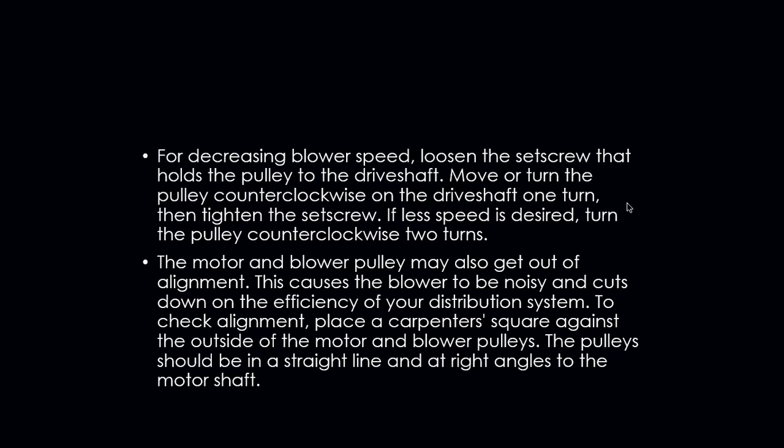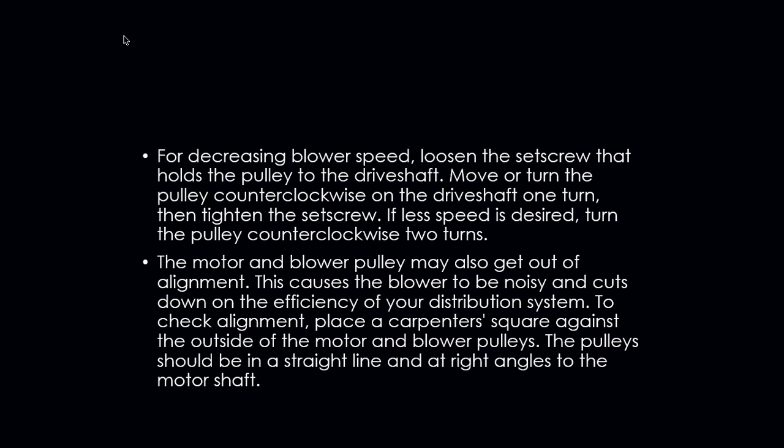The blower and motor pulley can also get out of alignment, especially if you're dealing with belt-driven equipment. This causes the blower to be noisy and cuts down on the efficiency of the distribution system, our ductwork, and the ability to deliver the air.